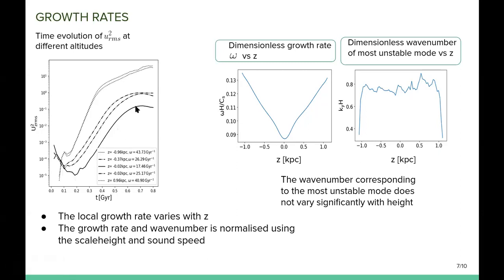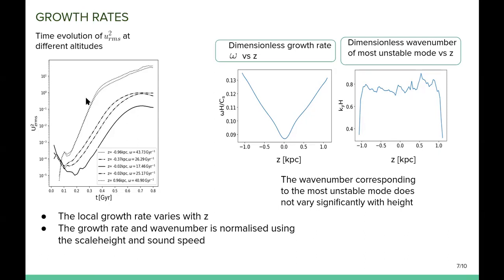Here the solid line corresponds to near equator, the dash-dot line corresponds to around 300 or 400 parsec, and the dotted line corresponds to the near boundary value. So we see that as we move away from 0, the growth rate increases, and we have a faster evolution of UZ at higher altitudes.